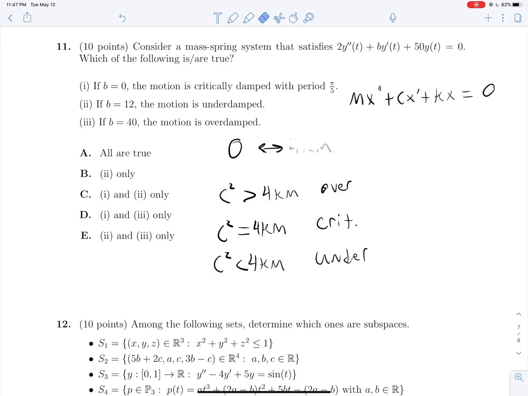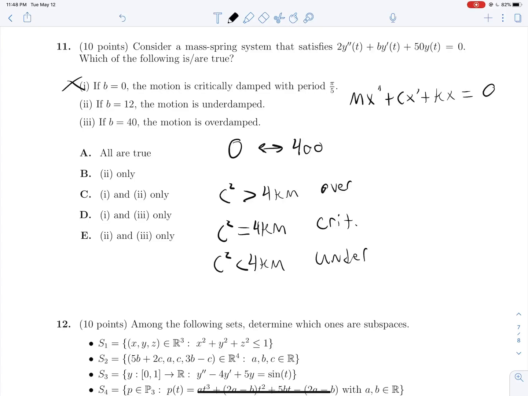So we can safely always replace this 4km with 4 times 100, so 400. So which one of these camps does this fall into? Well, this is actually underdamped. 0 is a whole lot less than 400. Yeah, so we are underdamped. So this is not critically damped at all.